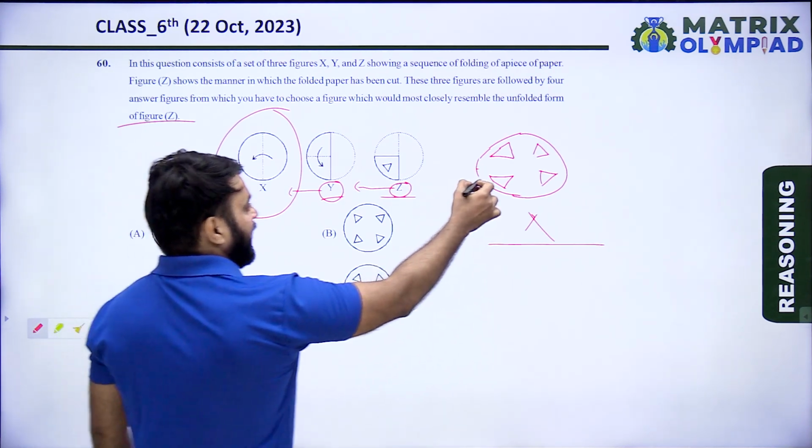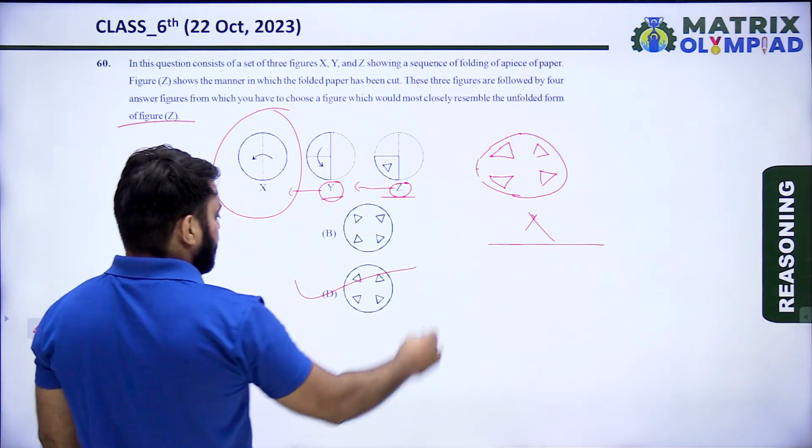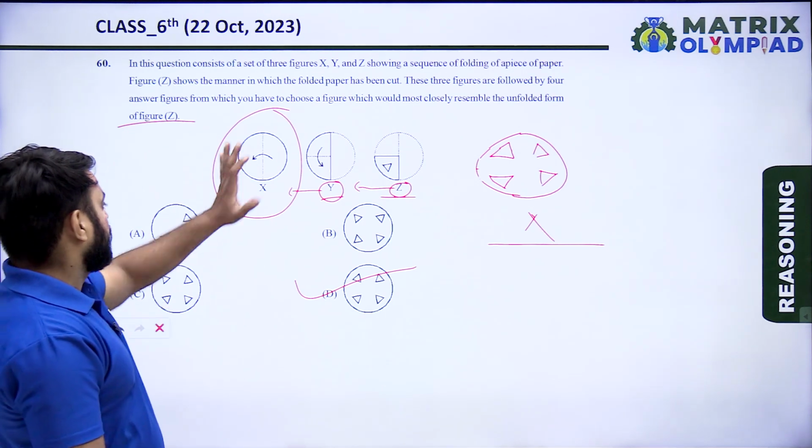So this is the unfolded paper. So here the correct answer is option D. So option D is the correct answer of this question.